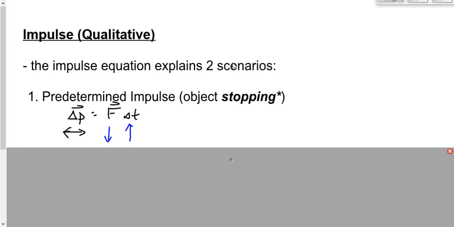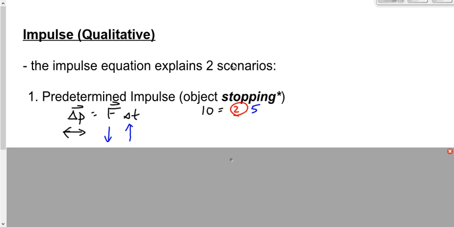Let me throw a couple of numbers in there just to maybe make a little bit more sense. Let's say the impulse is 10. Just pick a number. My time interval is 5 seconds. What would the force be? If my time was 5 and my impulse was 10, my force would be 2 newtons. Okay?